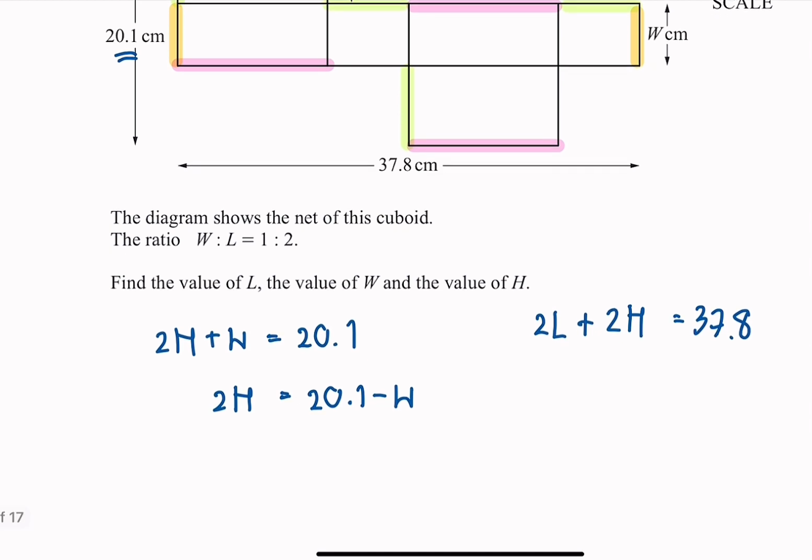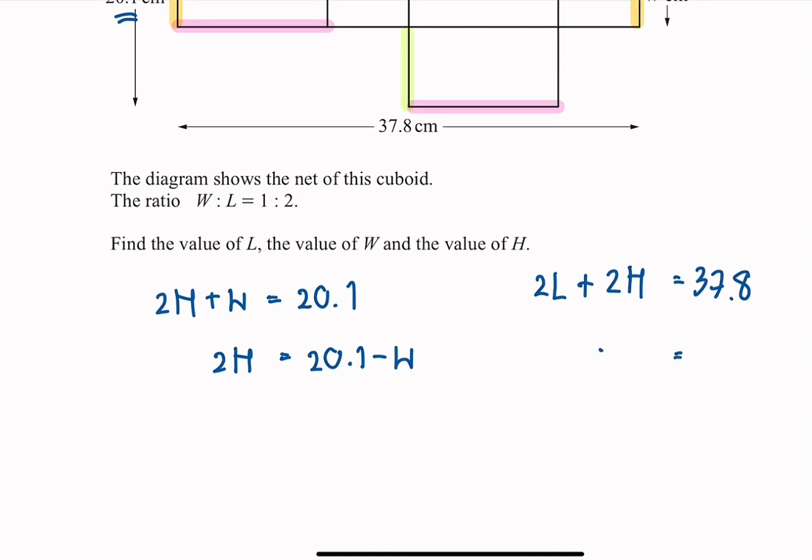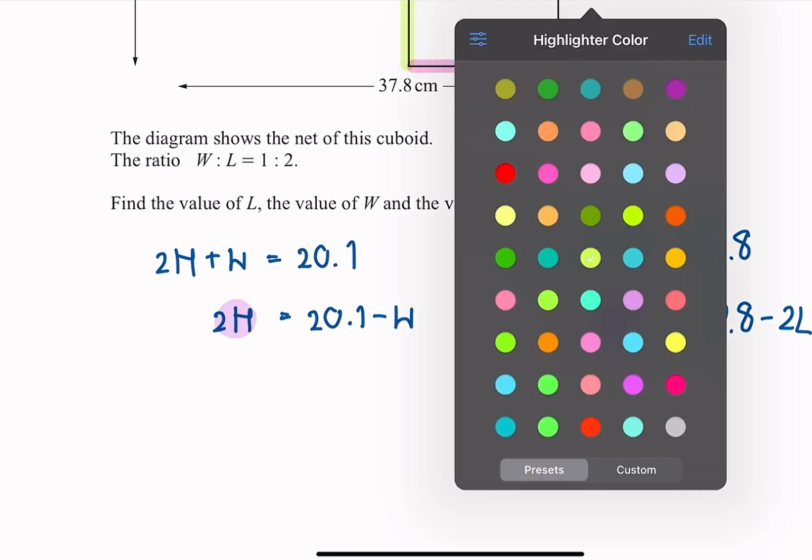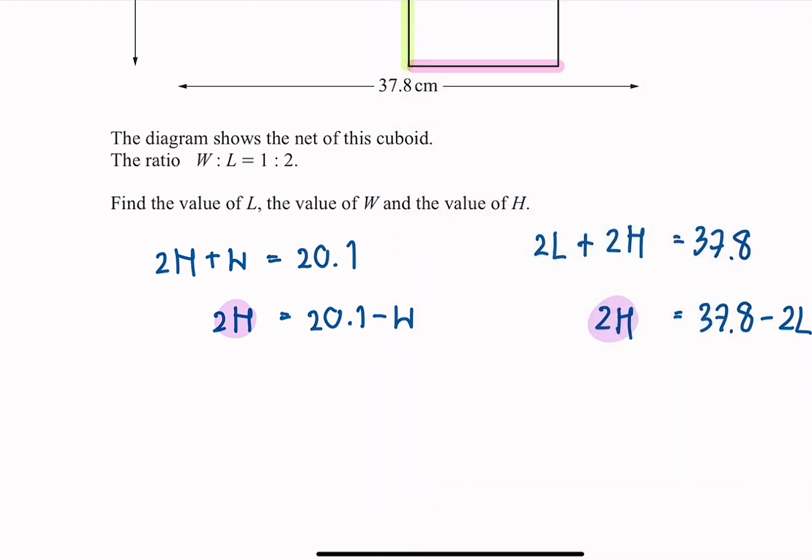And therefore, 2H is equal to 37.8 minus 2L. And these are equal. Therefore, this and this are also equal.